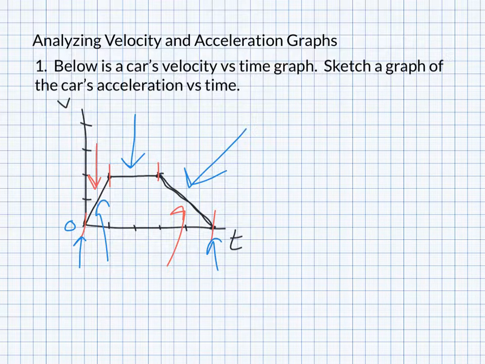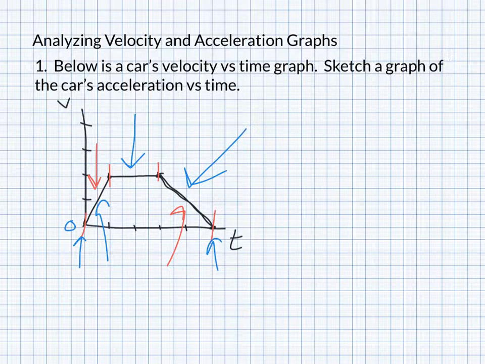So the first line gains 4 units of velocity in 2 units of time. The last interval loses 4 units of velocity, but it does it in 4 units of time. So the negative acceleration's magnitude in the last interval is half of the original acceleration. So it accelerated up to speed faster than it slowed down at the end. That's good to know. And we will use that.